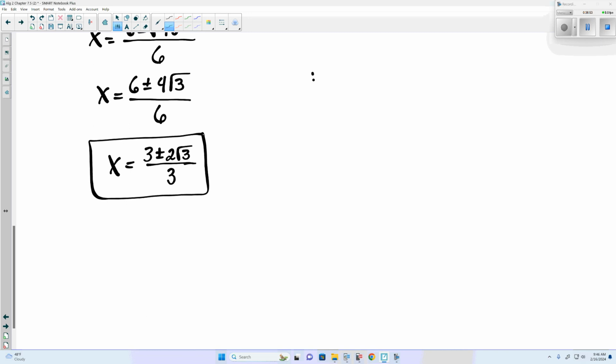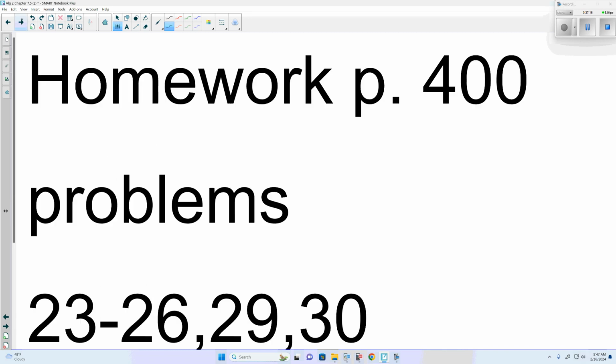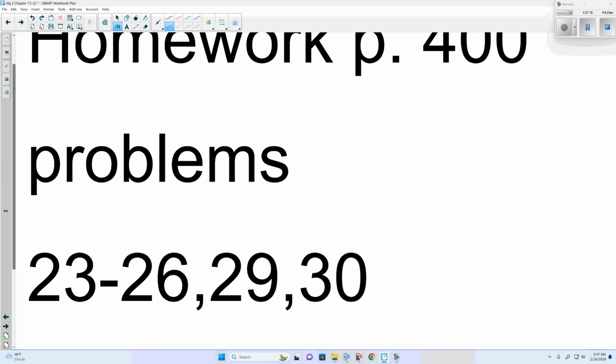Is that one of our restrictions? No. So those are the solutions. Because it is possible to have these irrational solutions as part of our answer. But really it didn't add anything. We just had to plug it all into the quadratic formula and simplify. So that's it. And that is the end of chapter 7.